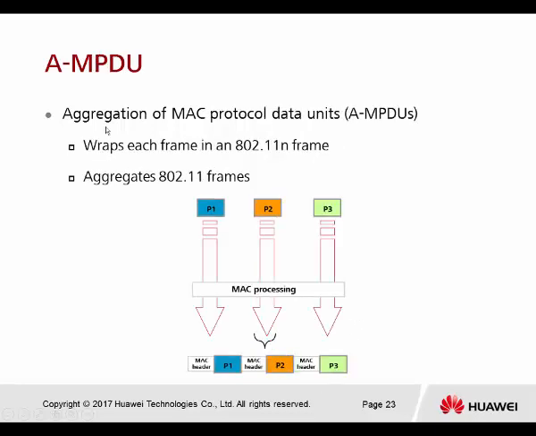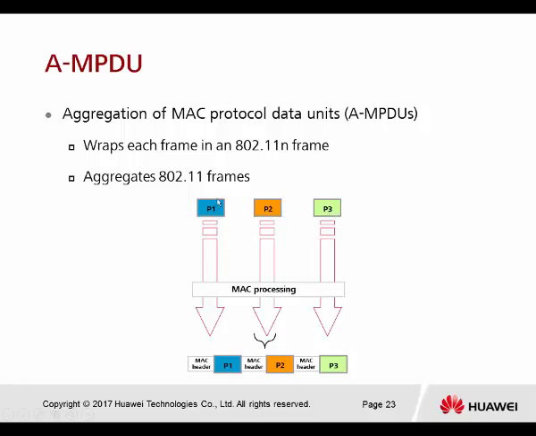The MPDU is based on the protocol. Here, this is my packet data: packet 1, packet 2, and packet 3. All those packets are different services. Maybe packet number 1 is voice, packet number 2 is doing video, and packet number 3 is for normal internet data. So it's 3 different types of data services.